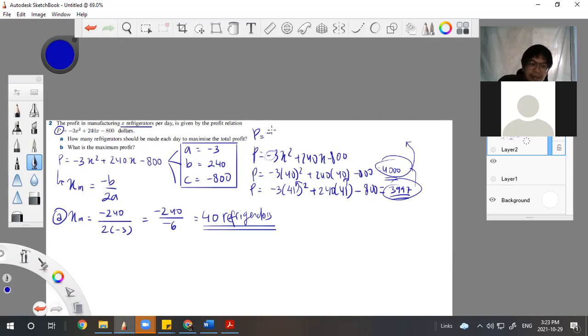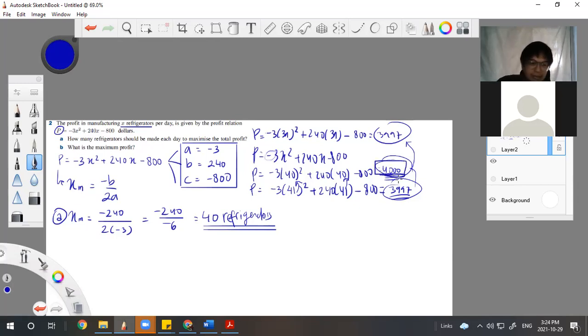If I put 39: negative 3 times 39 squared plus 240 times 39 minus 800. Is it 4,000 also? Is it more than 4,000? Oh, 3,997 also. See? So this is the maximum, no doubt.